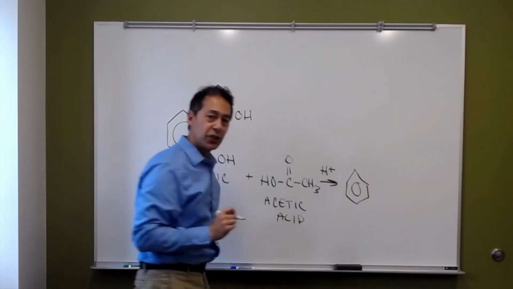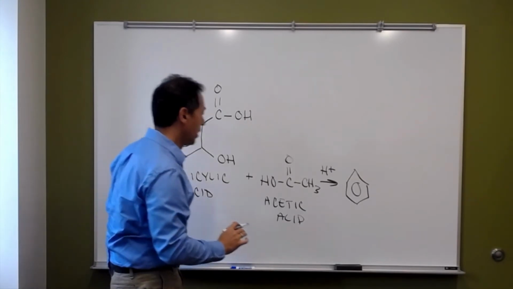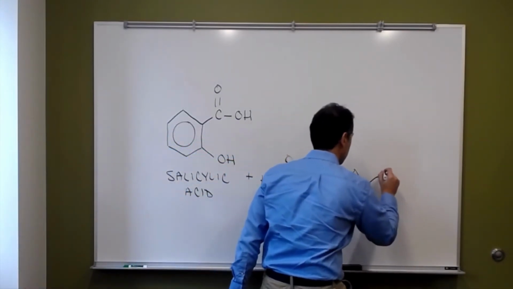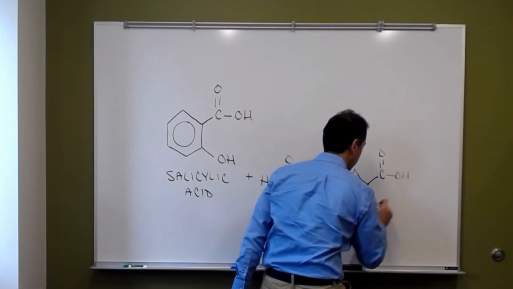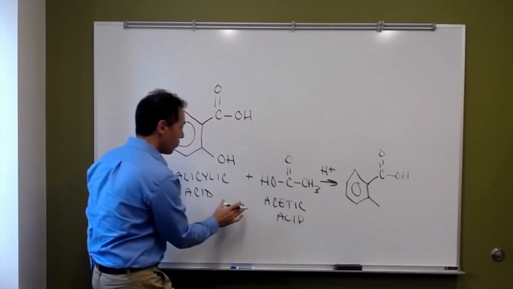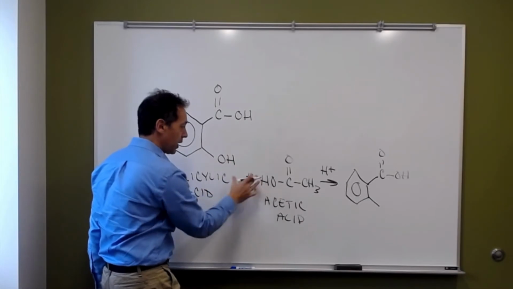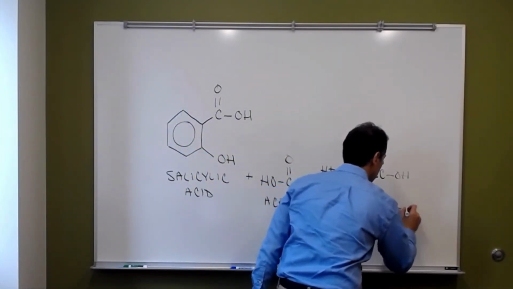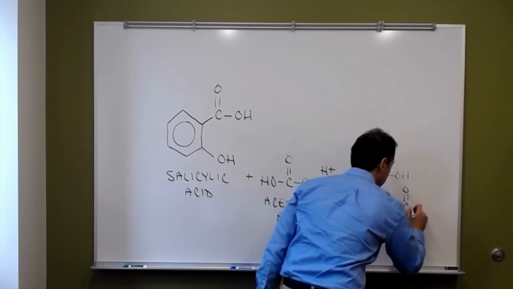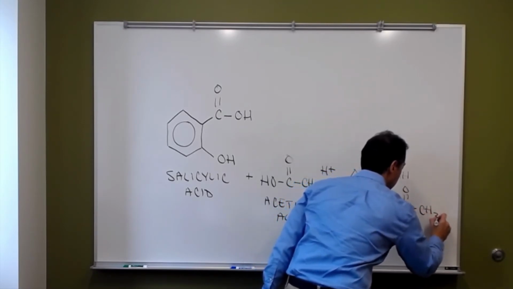I'm drawing a little bit smaller here because I'm running out of space. And we're going to take our salicylic acid here, carboxyl group, OH like this. And then down here, we're going to remove water, and combine our acetic acid here, like this, and then CH3.